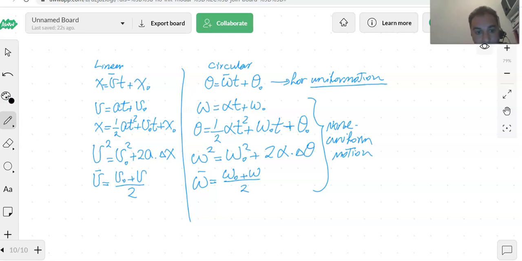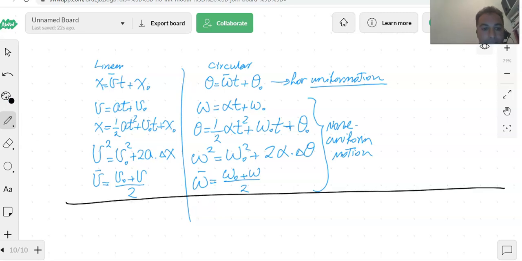And more important, as we had father and mother equations, remember x was the integral of v dt plus a constant, correct? Let me put the vector arrow on it.